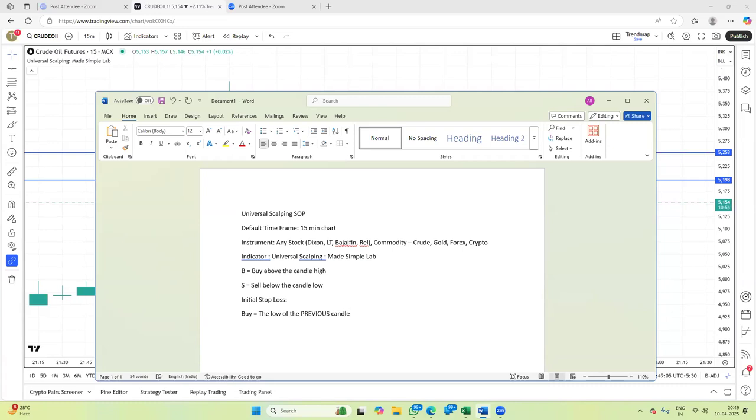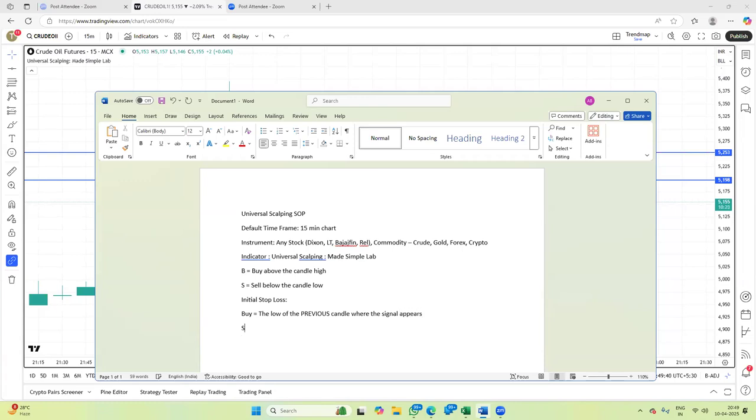Now, you may have a PDF. In that PDF, it may be written that you have to place the initial stop loss at the same candle where the signal appears. No, you should ignore that and only focus on this. So for the buy, the initial stop loss is the low of the previous candle of this candle where the signal appears.